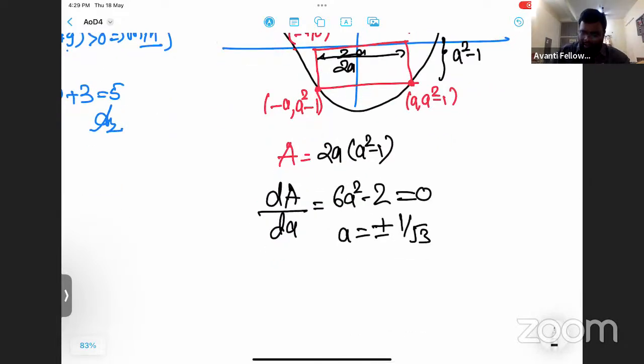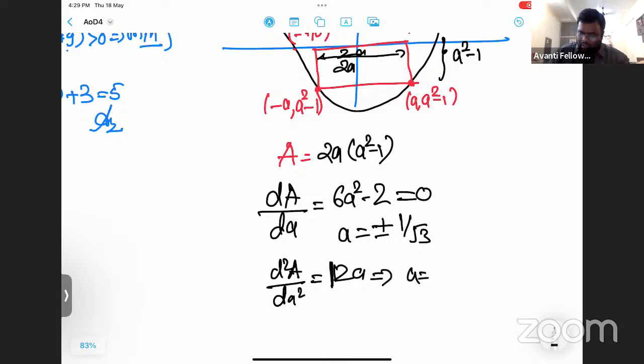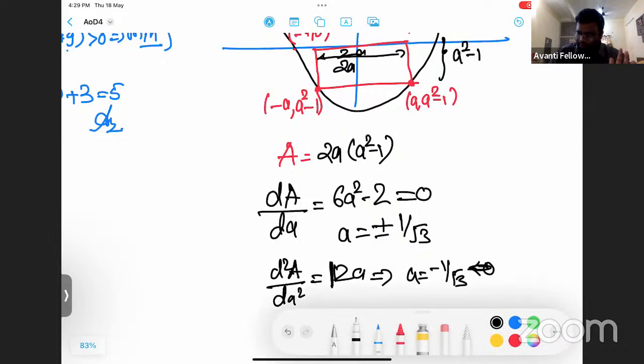Check for the double derivative. d square A by da square is 12A. A equal to minus 1 by root 3 gives less than 0. Sorry, I am left with just 1 minute.